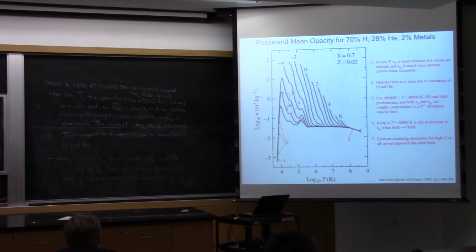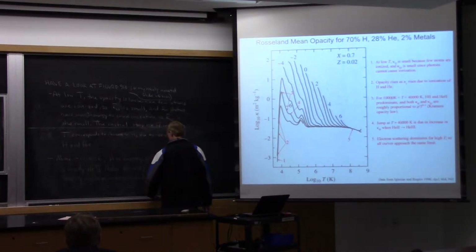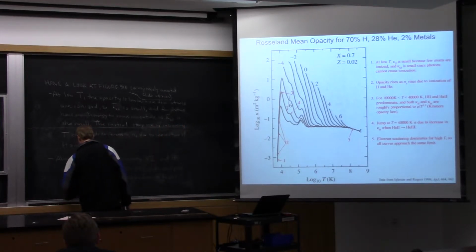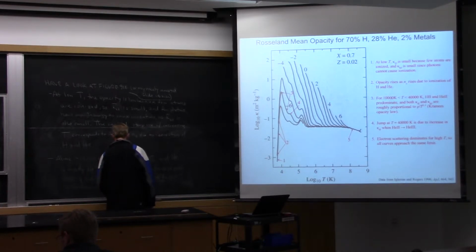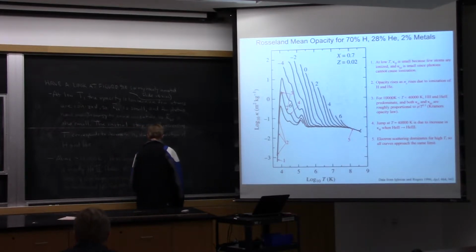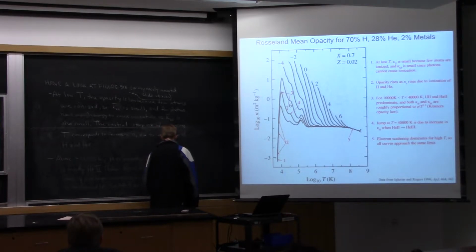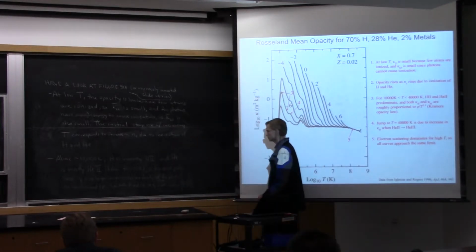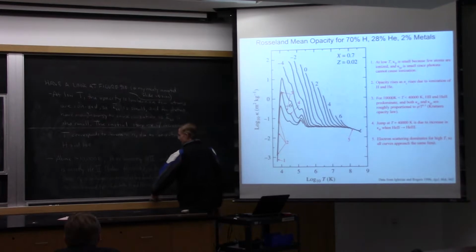But in other words, we are already at the point of having removed one electron from both H and He. So N sub E is no longer increasing, and that was the explanation.